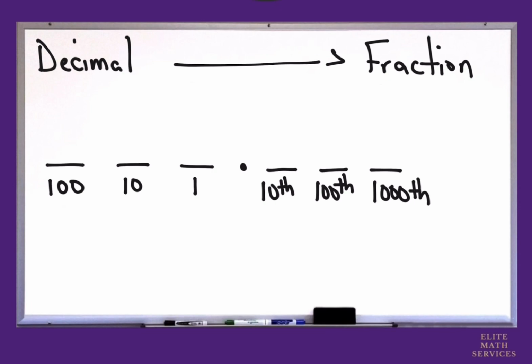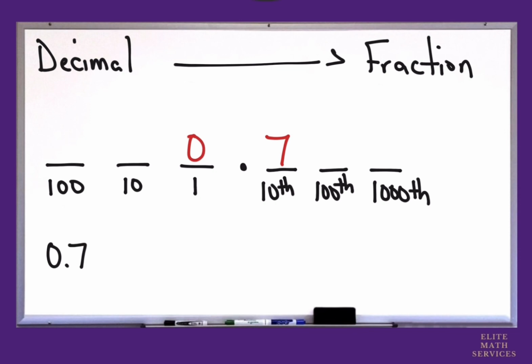So the first example we're going to start off with, the first decimal is 0.7. And all we're going to do is fill it in to our place value chart. Our 0 is on the left, and our 7 is on the right.